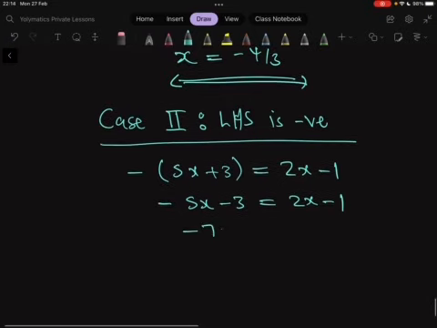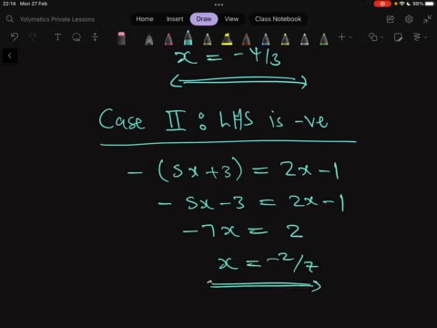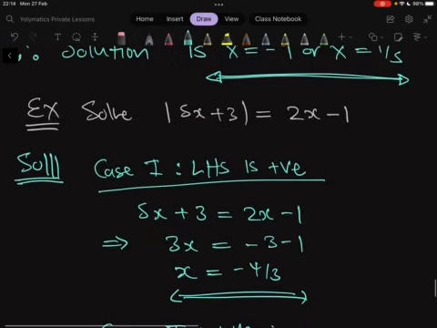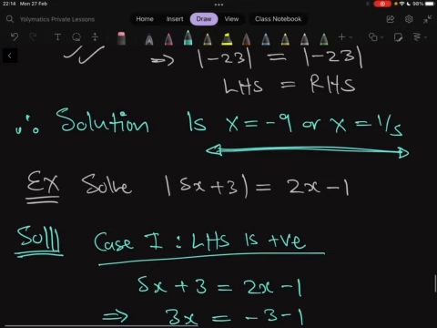So I'll get -7x = 2, so x is equal to -2/7. Now you see we have only two cases to consider when we take out the absolute value from one of the sides.